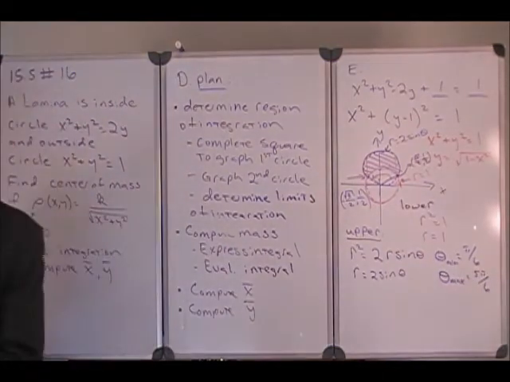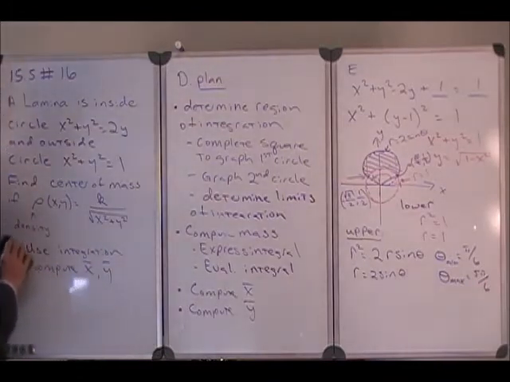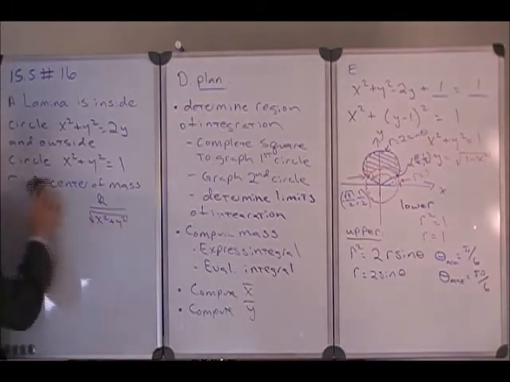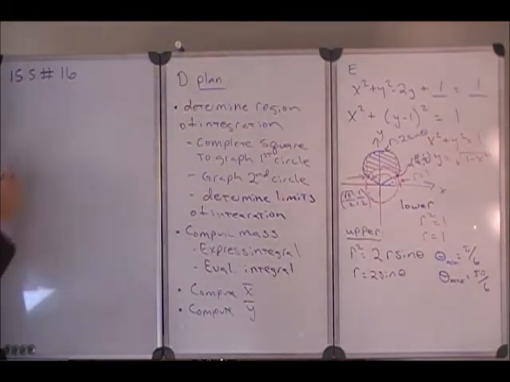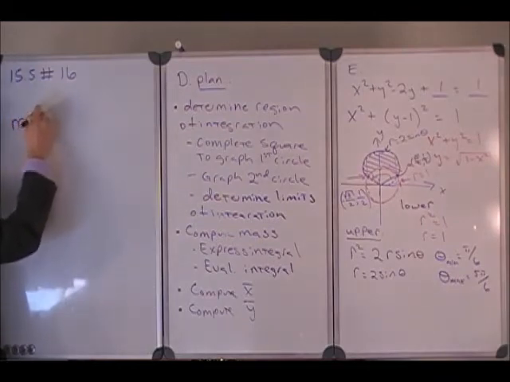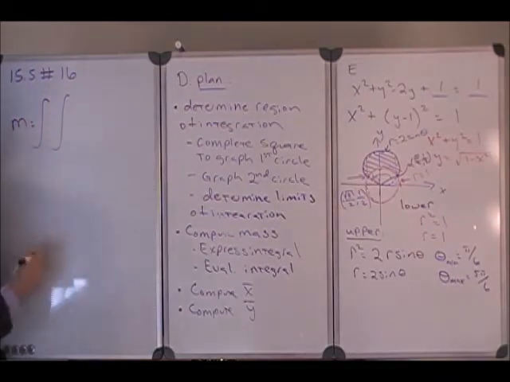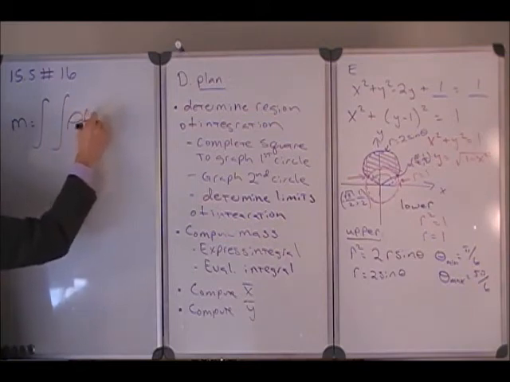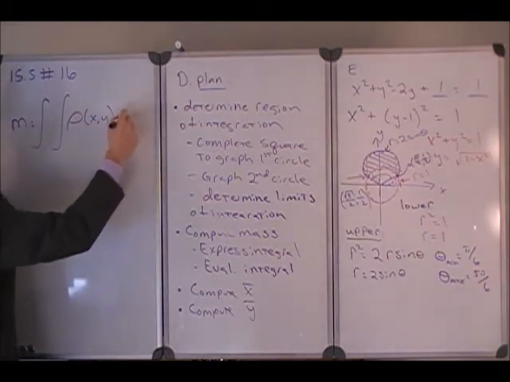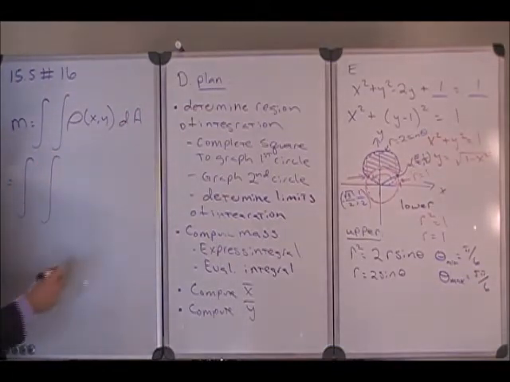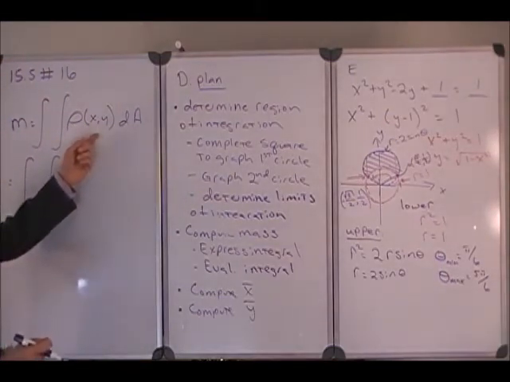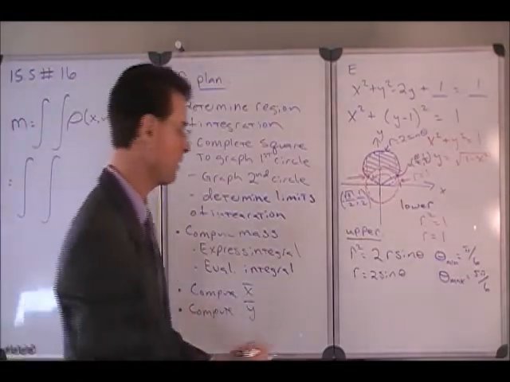Well, the first integral we need to do is the mass integral. And by pretty much the definition of mass, if you use the definition of density, the mass is the integral over the region of the density and then over the area. Well, in this case, we're integrating in polar coordinates, so we want to express the density not in terms of x and y, but in terms of r and theta.